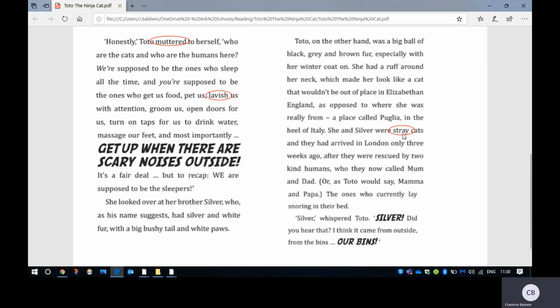She and Silver were stray cats, and they had arrived in London only weeks ago, after they were rescued by two humans, who they now called Dad, or as Toto would say, and the ones who currently lay snoring in their. Silver, whispered Toto. Did you? That? I think it came from outside, from the bins, our bins.